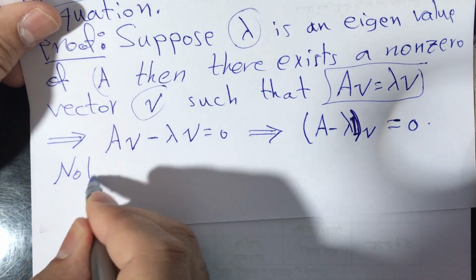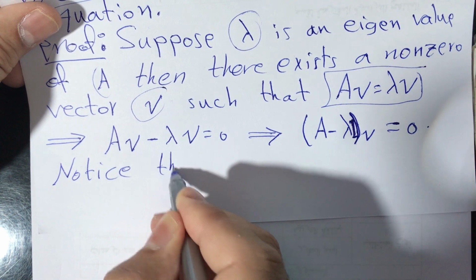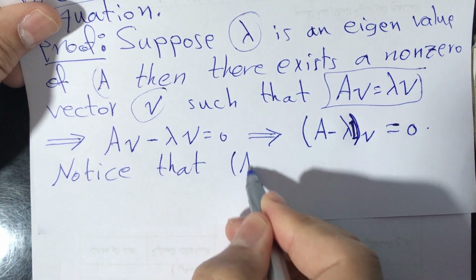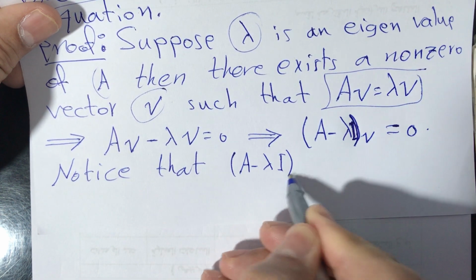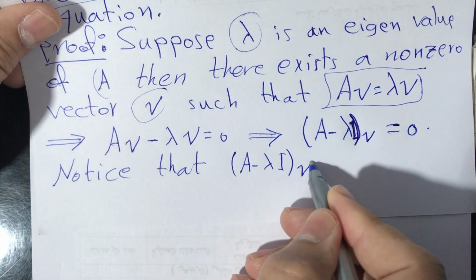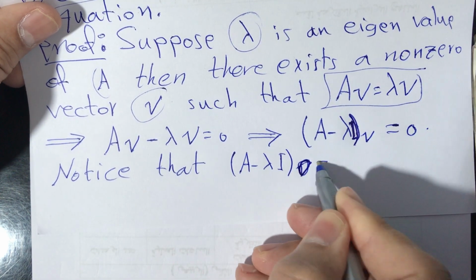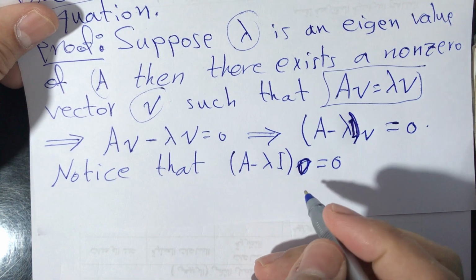Notice that A minus lambda I times V is 0, of course.